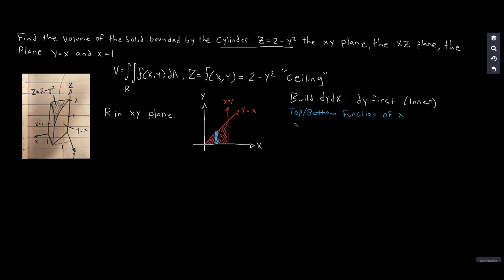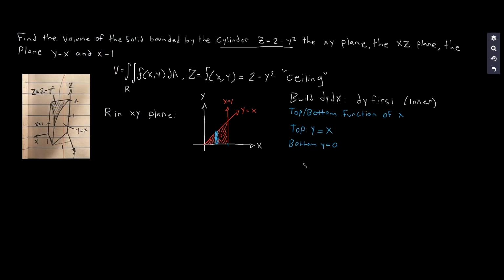The top is y equals x, and the bottom is 0. So that's y equals 0. And x is between 0 and 1, right? We can see that because x equals 1 here, right? And 0, 0 is right here.